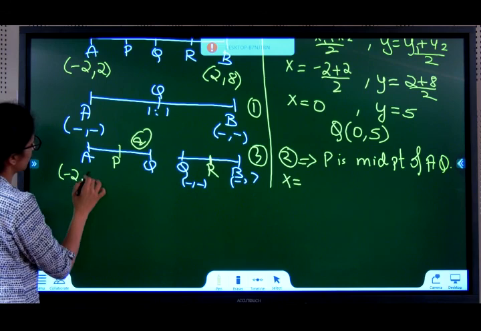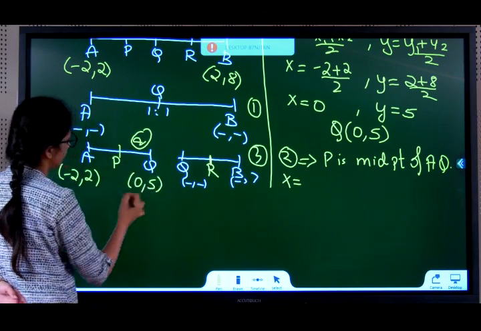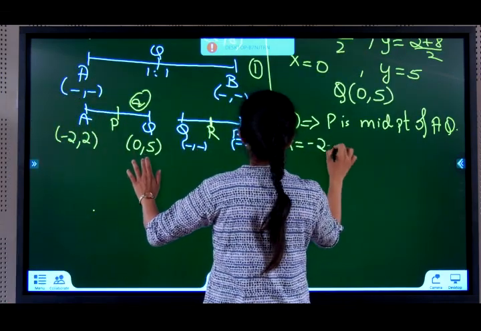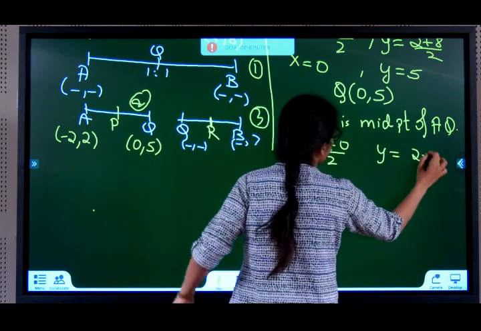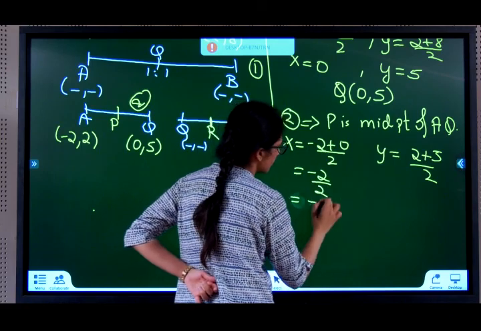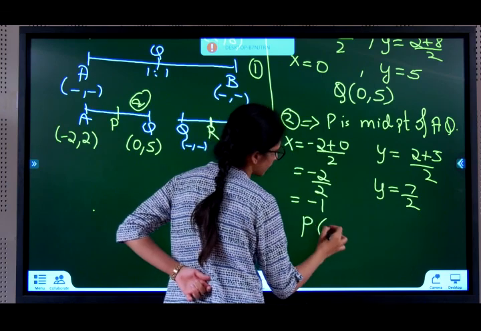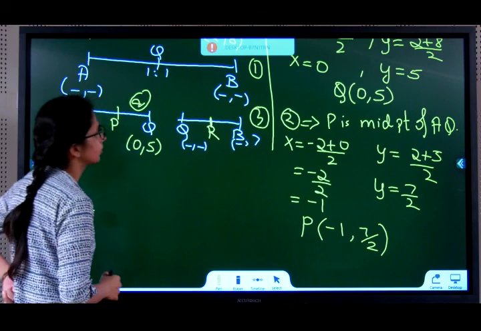A is (-2, 2), and Q we just found, (0, 5). So x is (-2 plus 0) by 2 and y is (2 plus 5) by 2. Minus 2 by 2 is minus 1, and y is 7 by 2. Therefore, the coordinates of P are (-1, 7/2).